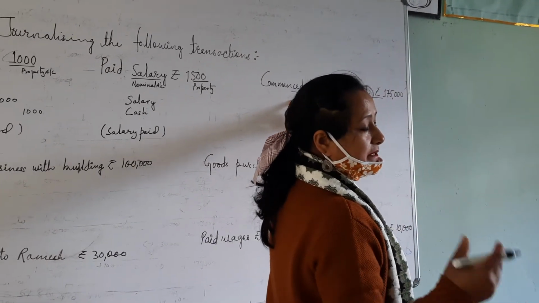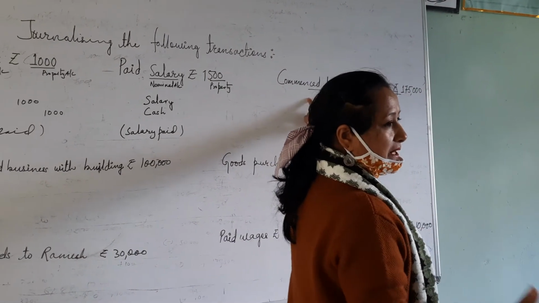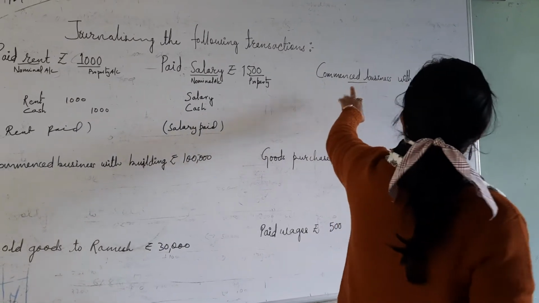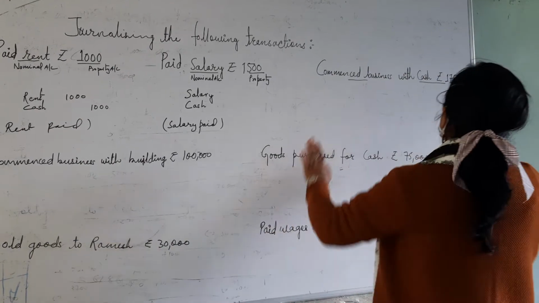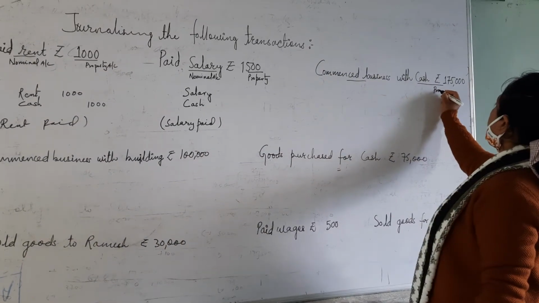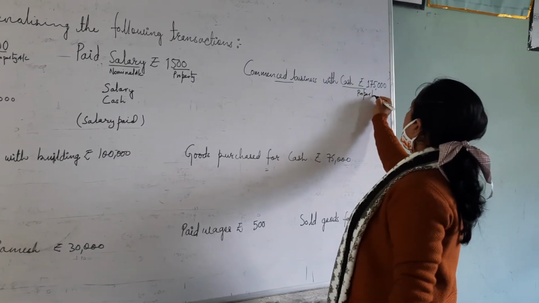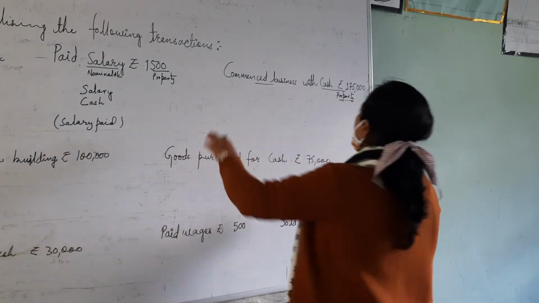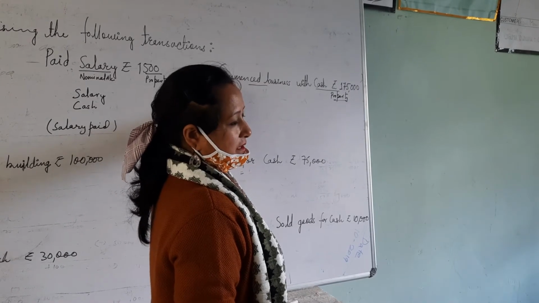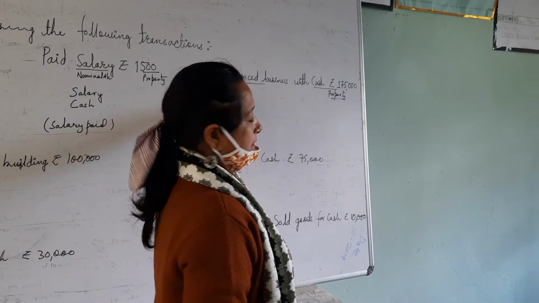If it is kind, then that means other than cash, like building or furniture, he might have invested at the beginning. So this is cash. Here in the business, cash comes in. This is property rule. And this is, what is this? Nominal. Yes, it is nominal, isn't it?